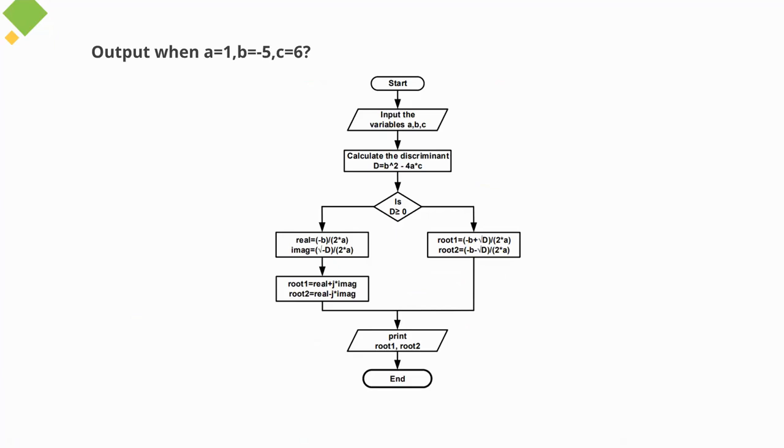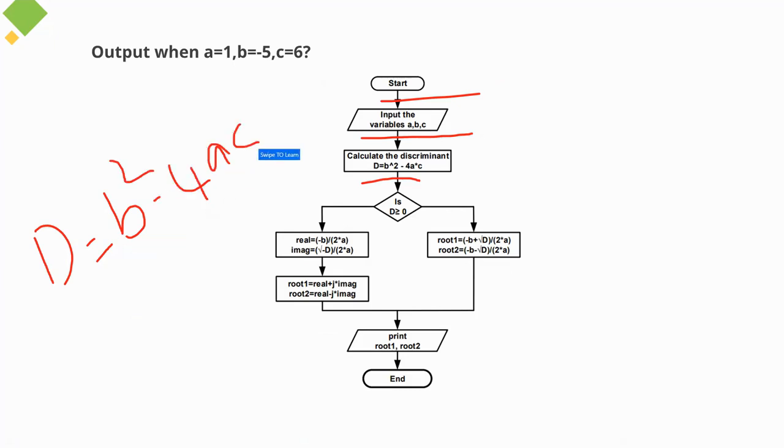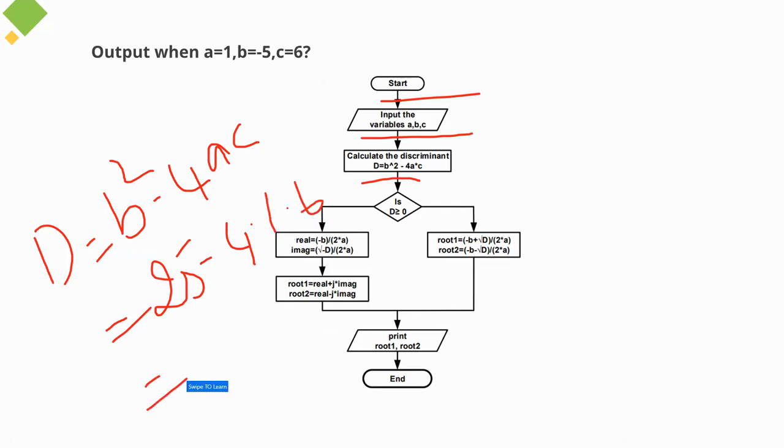So here the values are a equals 1, b equals -5, and c equals 6. Now we start, read the input values, and calculate the discriminant. We know the formula d equals b square minus 4ac. We got b is -5, -5 whole square is 25, minus 4 into a is 1, c is 6. 25 minus 24 is 1.